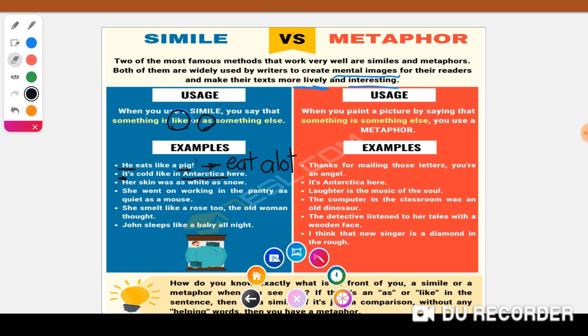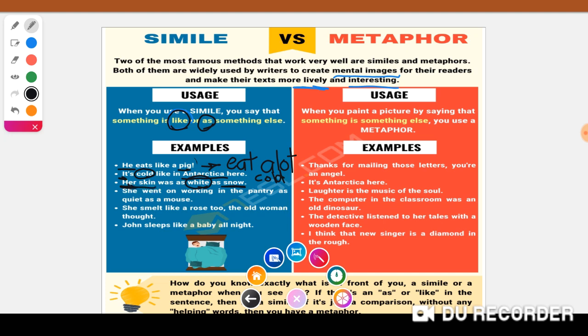So the common feature is both are cold. Her skin was as white as snow. So we're comparing the girl and the snow. The common feature is both are very white.